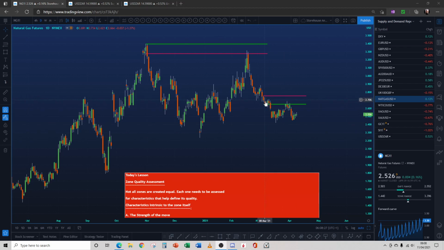Now, I was looking at this zone, but some of my colleagues and friends on the roundtable were already in the nat gas trade from that level at the upper level there.